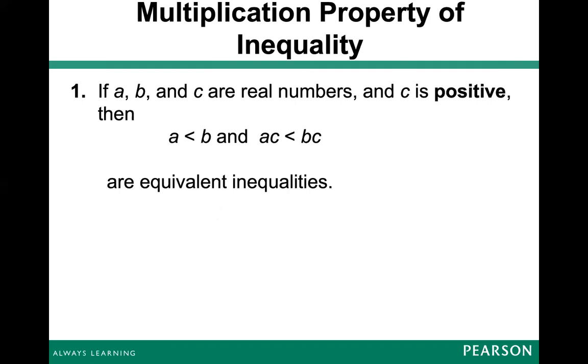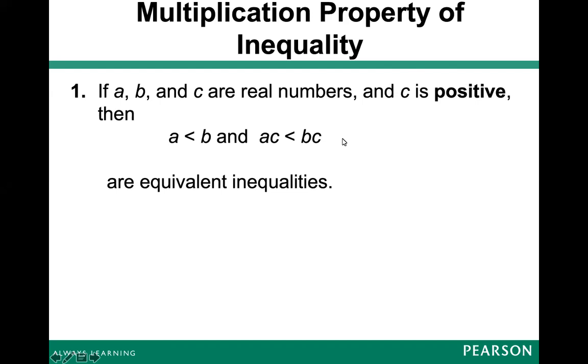So when we use the multiplication property of equality for equations, we did not have this requirement that the number we were multiplying on both sides had to be positive. Okay, so if that number is positive, then it works basically just like with equations.